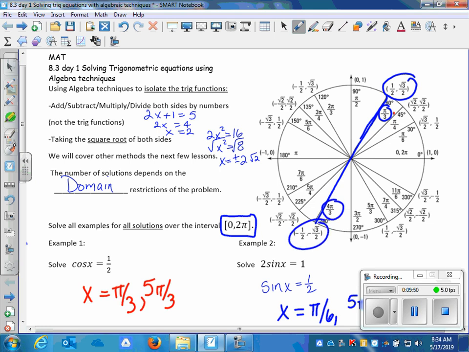And then over here in the second quadrant, we've got the 2 pi over 3 because those match up as well. And then if you go into the fourth quadrant, right here, you've also got your 5 pi over 3. So you've got all of the 4 solutions because I noticed that all the sine and cosine ratios are the same except for the pluses and the minuses.